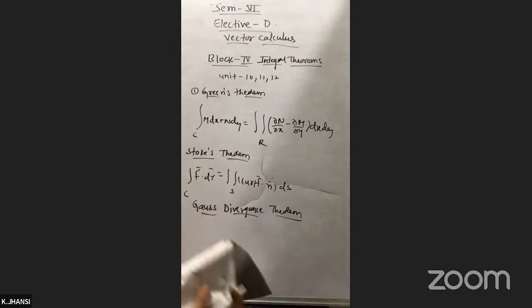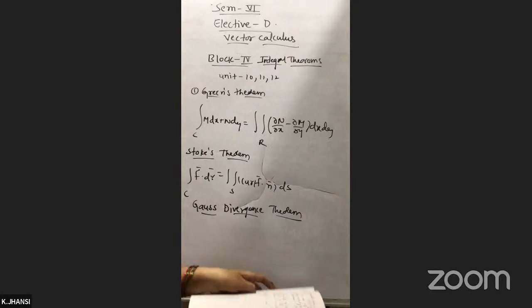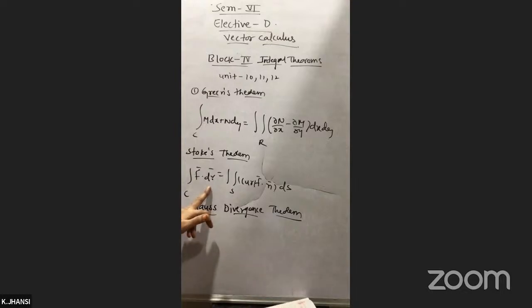The Gauss divergence theorem is one of the most important theorems of vector analysis. It reduces a surface integral to a volume integral. So this is the relation between line and surface integral, and with Gauss divergence, you have the relation between the surface integral and also the volume integral.